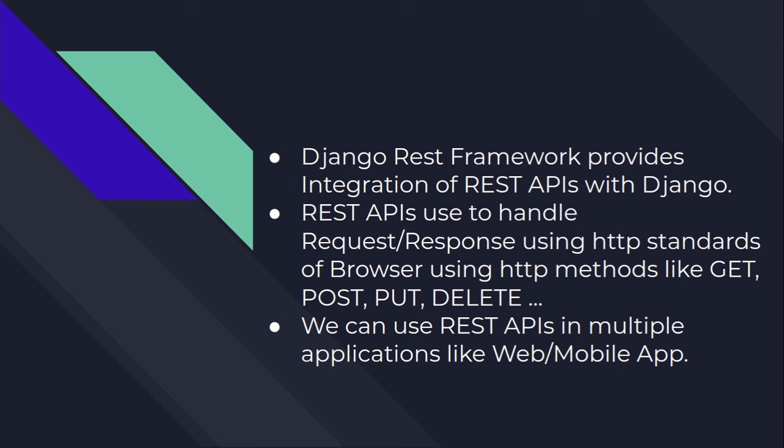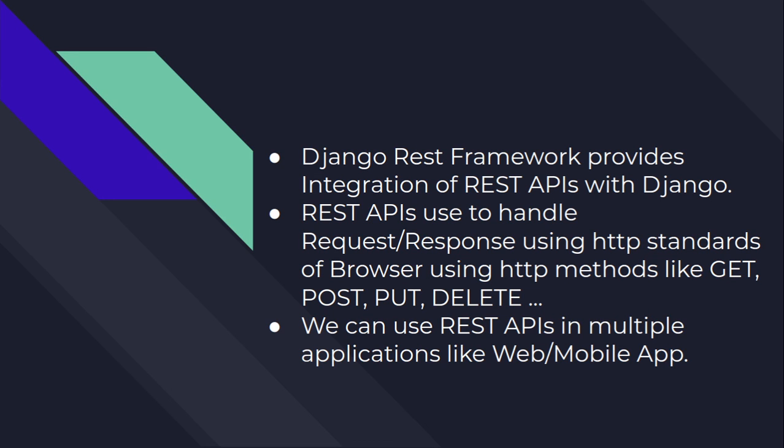And Django is also useful for creating REST APIs, and these REST APIs we can create using the Django REST framework package which is available for Django. API is basically an application programming interface, and let's see how these APIs work. Let's say, for example, we want to get user data from the server. This REST API creates the request, and that request goes to the server using the browser.